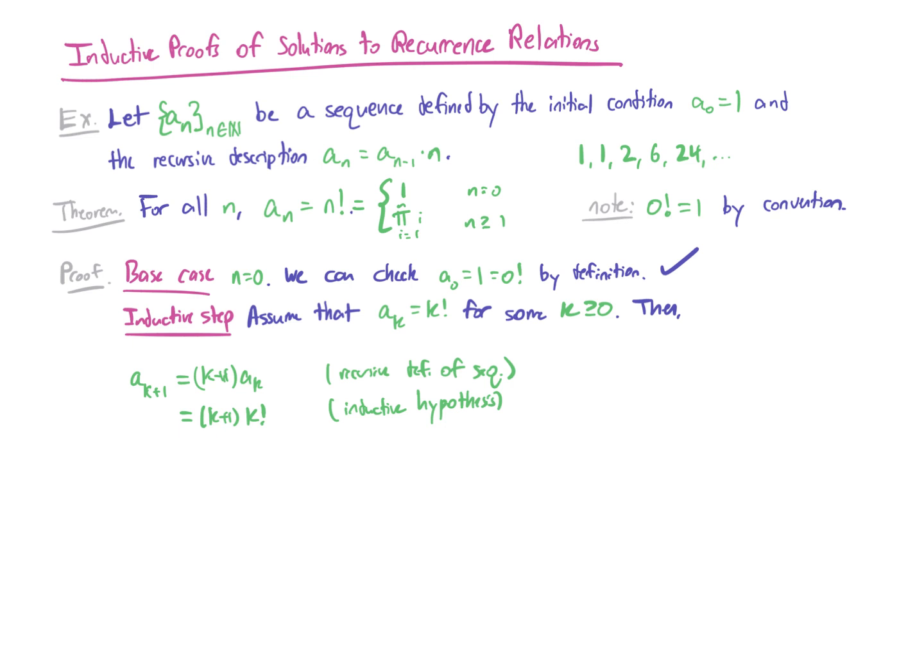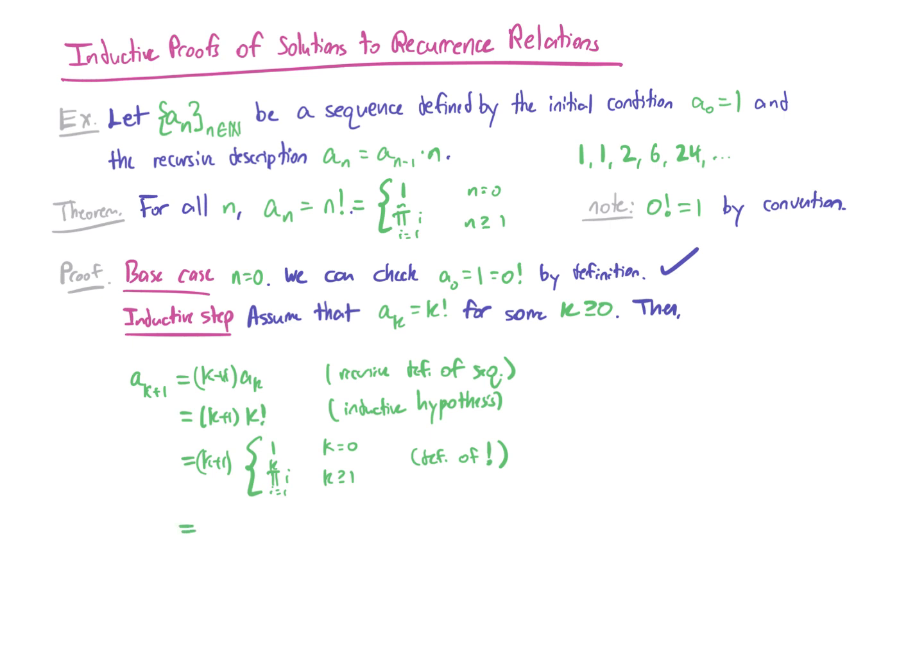Okay, so now we can keep going here. So what do we know about k factorial? Well, this is k plus 1, and then I'm going to put my cases here. This is 1 if k is equal to 0, and the product of i equals 1 up to k of all the integers i, when k is greater than or equal to 1, so that's the definition of the factorial function.